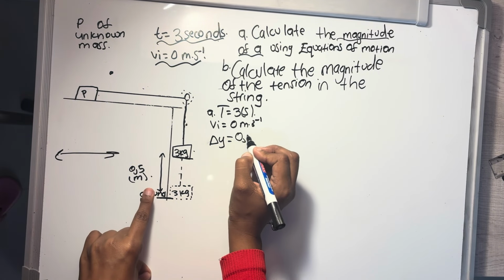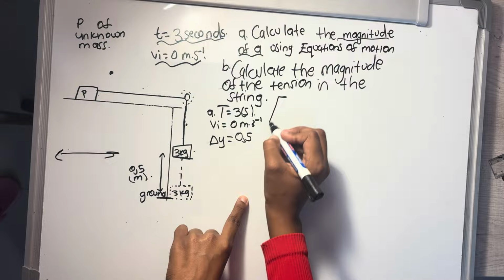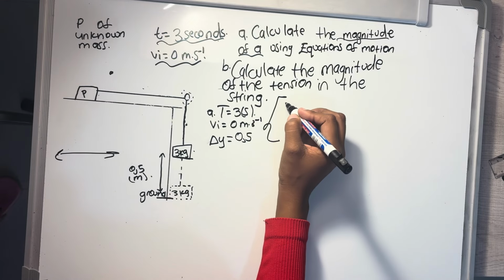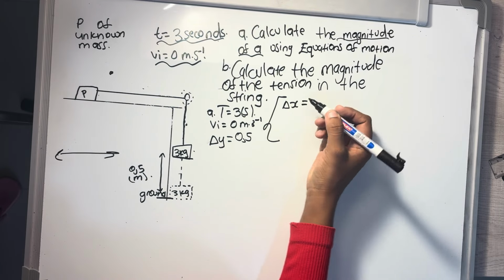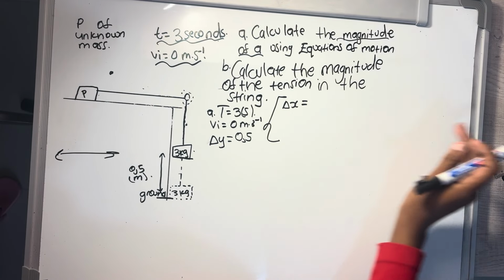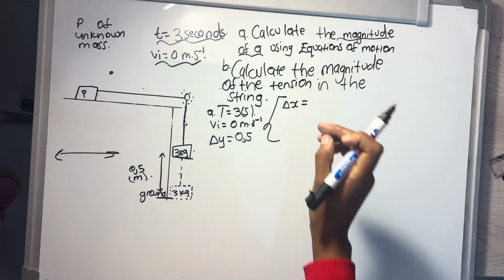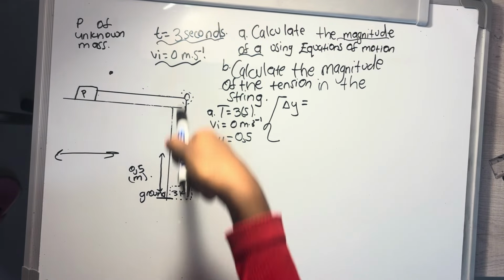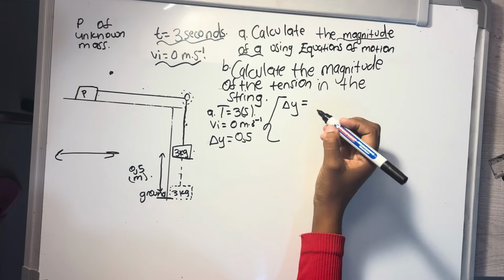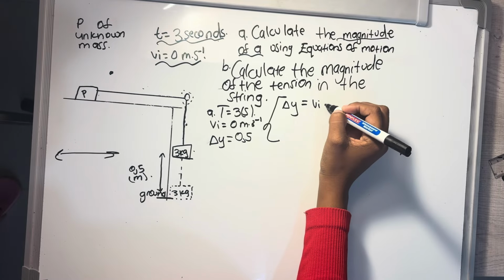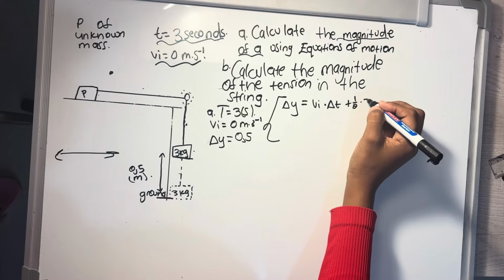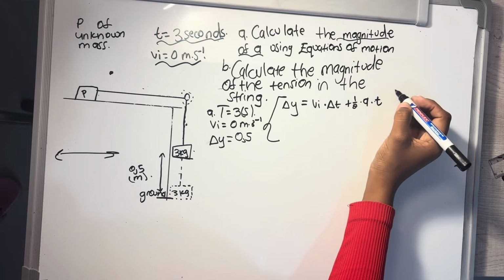To be 0.5. Okay, over here, I'm going to put all of our equations of motion, and you choose which one is the suitable one to use, right? So we have one that's change in y, not change in x, because it's acting along the y-axis. Change in y equals vi multiplied by change in t plus 1 over 2a multiplied by t squared.